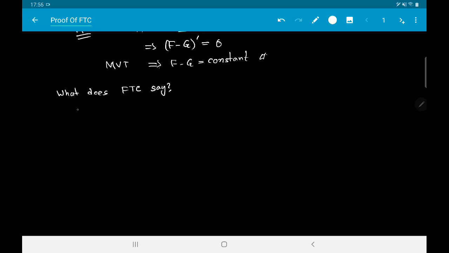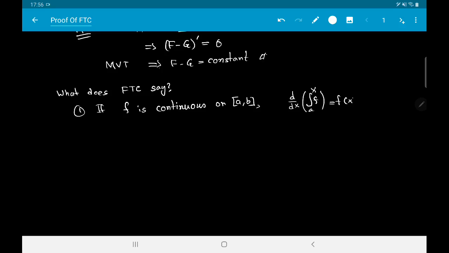It says that if f is continuous not at a point but on a whole closed interval a b, then we know that this function is integrable on every subinterval a x, and if we take this integral and if we take the derivative, we will get back our function f(x). So this happens for all x in a b.